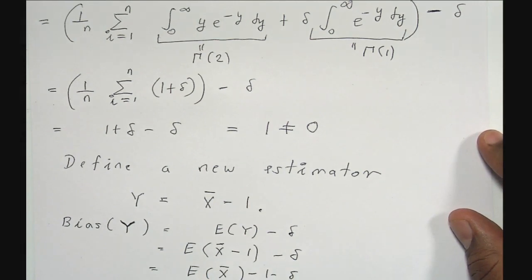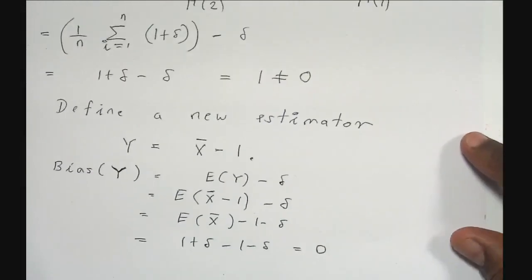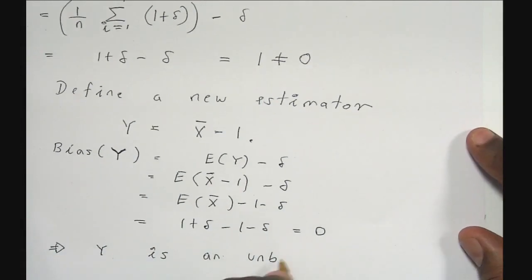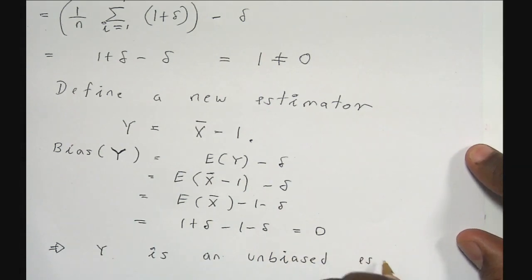This is 1 plus delta minus 1 minus delta, equal to 0. So this implies that y is an unbiased estimator.